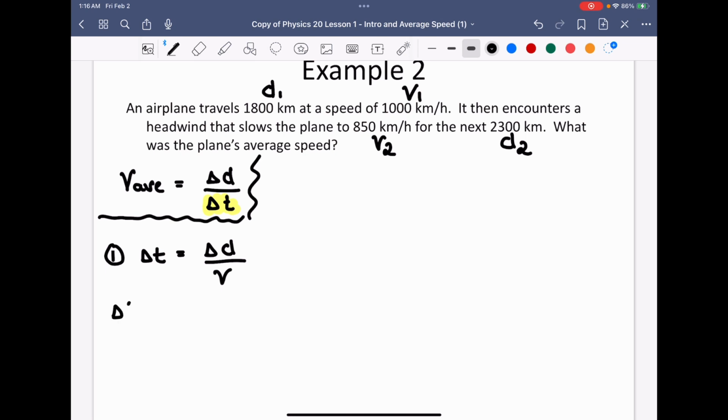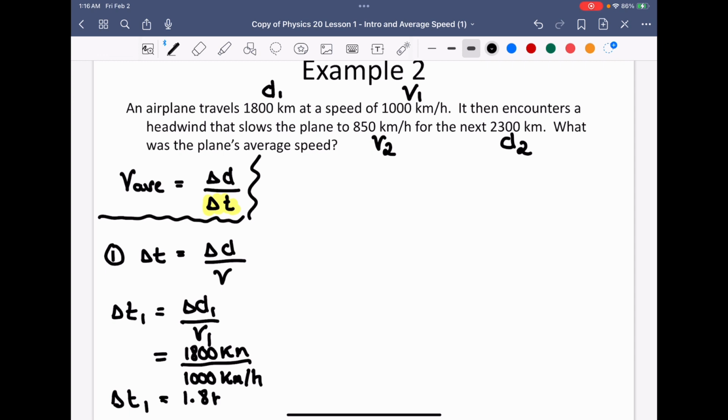So change in time 1 is equal to the change in distance 1 over the speed 1. That's going to give me 1,800 kilometers divided by 1,000 kilometers per hour. And therefore, the total time in that first interval was 1.8 hours. Okay, so that's my first piece.